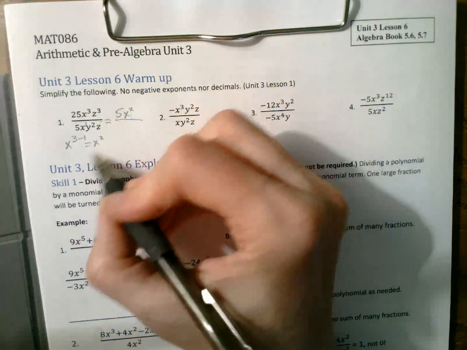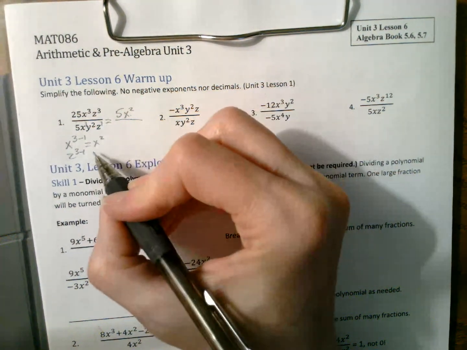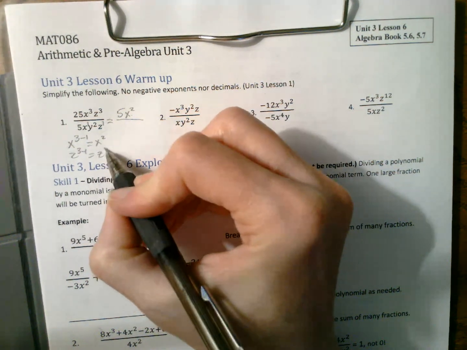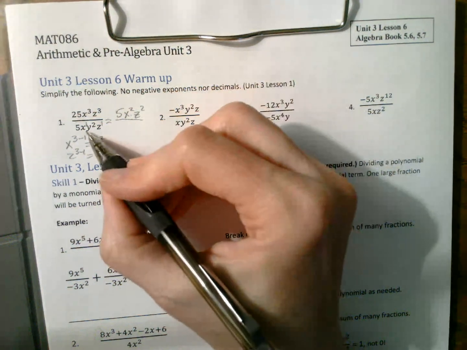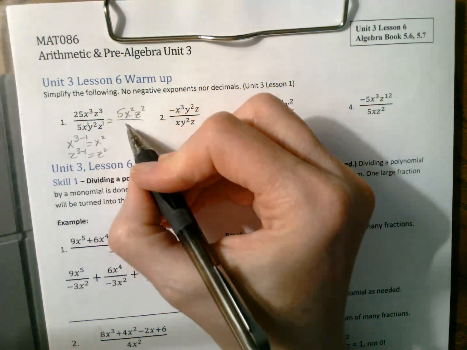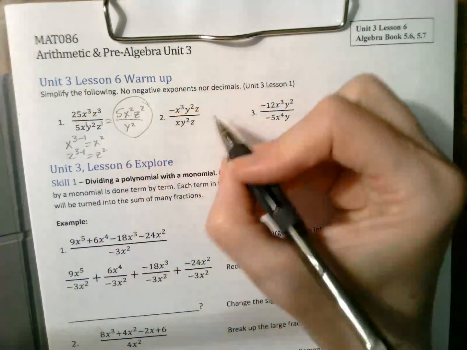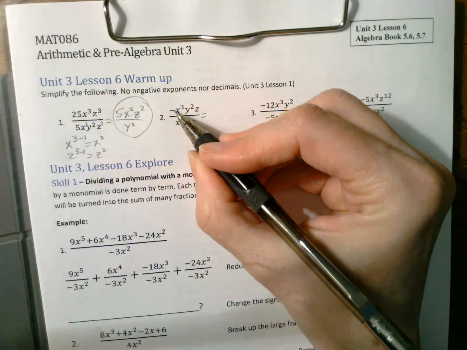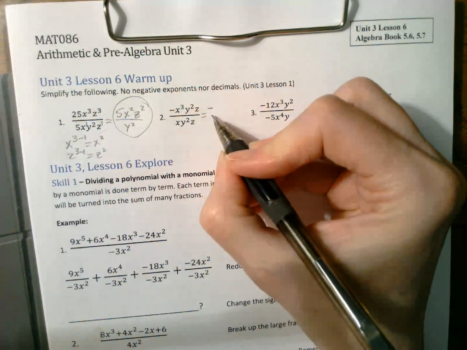Then we have z to the 3 minus 1, and that's z to the 2 also on top. And oops, I forgot the y, and there's no y on top, so this remains on the bottom. This one has a negative 1 over a positive 1, so that negative is going to stay.